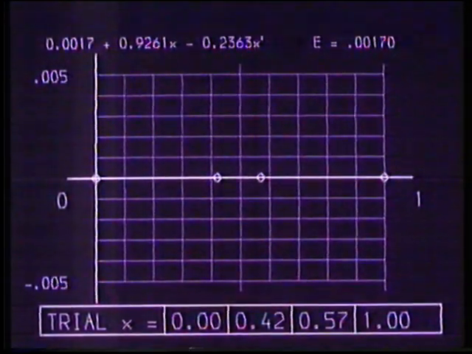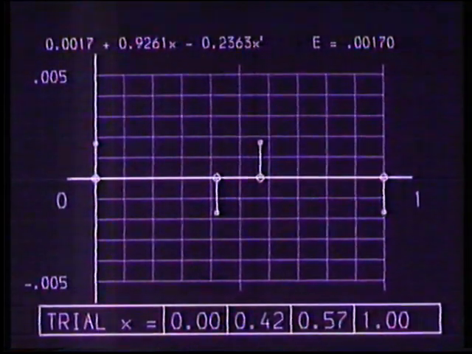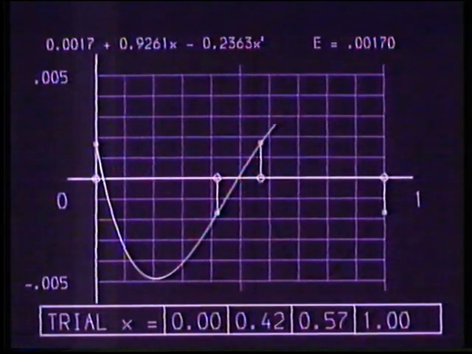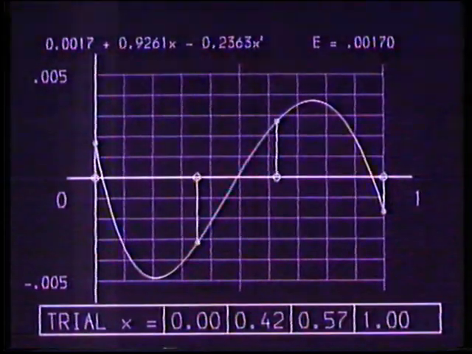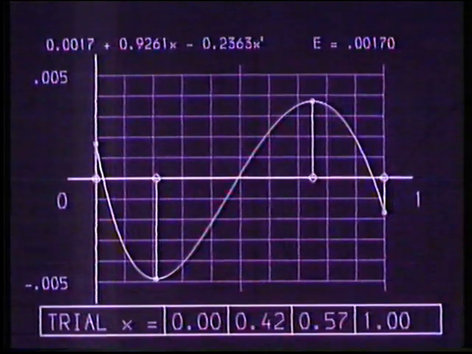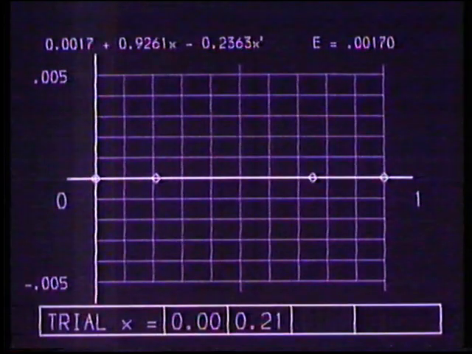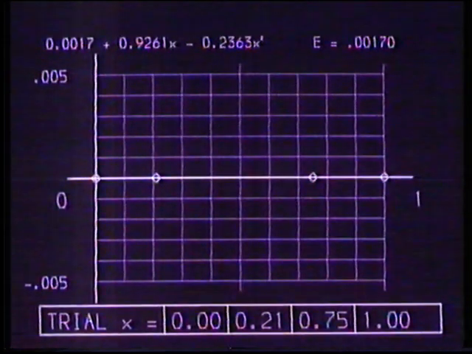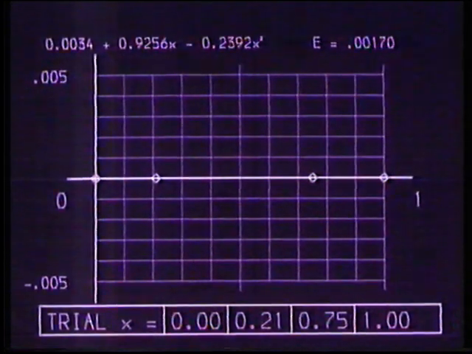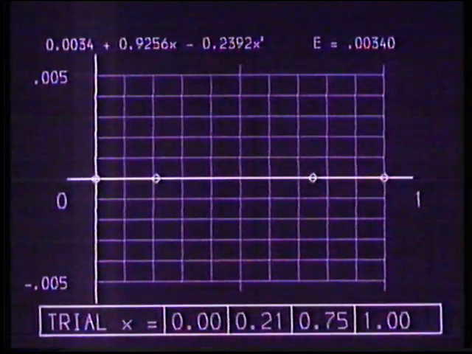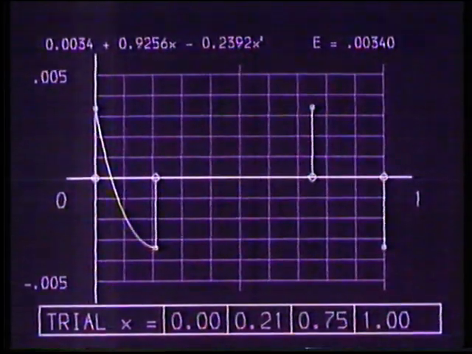A new error, 0.2017. Not Minimax yet, but the algorithm searches out yet more x values. A new equation and a new error value. And this gives the Minimax we got before.